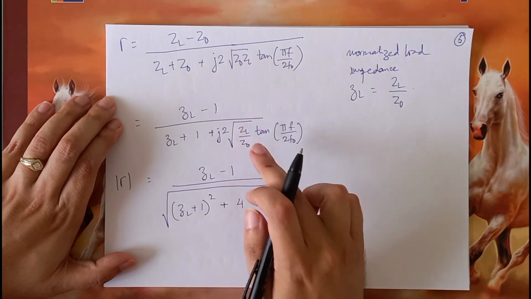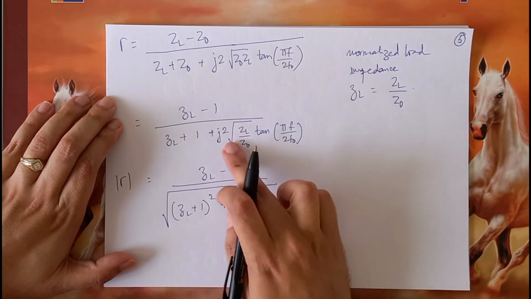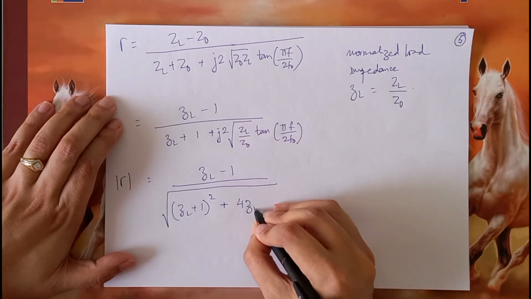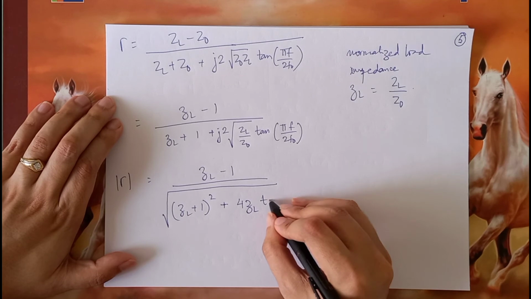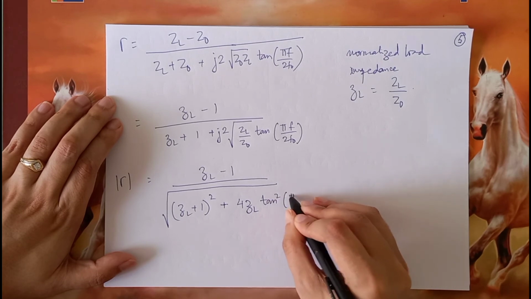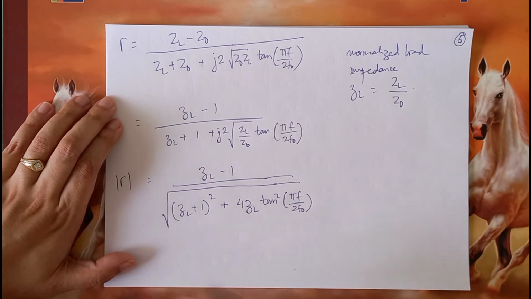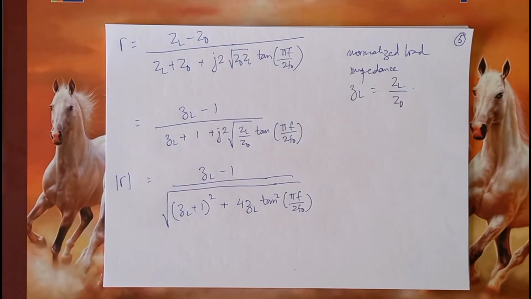Now the root of zl by z0 when squared will become zl by z0, which is nothing but small zl times tan square pi f by 2 f0, the whole under root. I think this is what it's supposed to be. So we have got this expression.